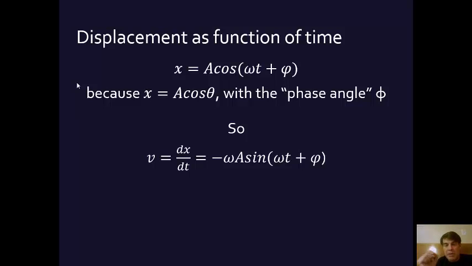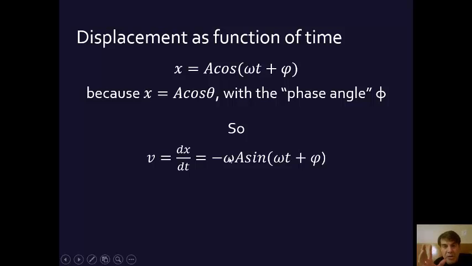So cosine becomes sine, and then we take the derivative of this omega t plus phi. Phi is a constant, the derivative of a constant is 0. Omega t, the derivative of this with respect to t is just going to be omega, and so this omega comes out.